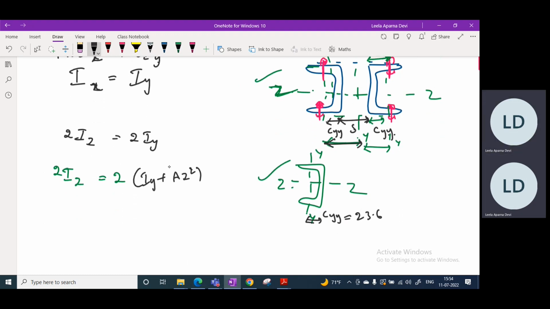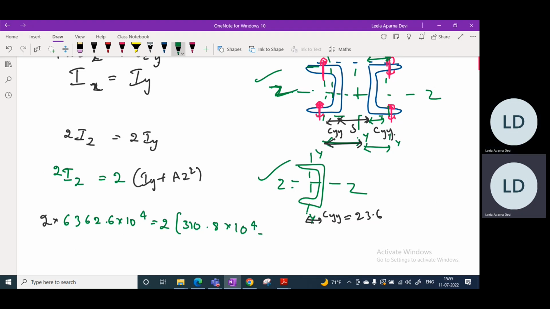So IZZ will be directly taken from this channel section, which we have already written earlier. So this IZZ is 62.6 into 10 power 4. And also IYY, which we have taken for the single channel section, is 310.8 into 10 power 4, plus area of this single channel section is 4564.